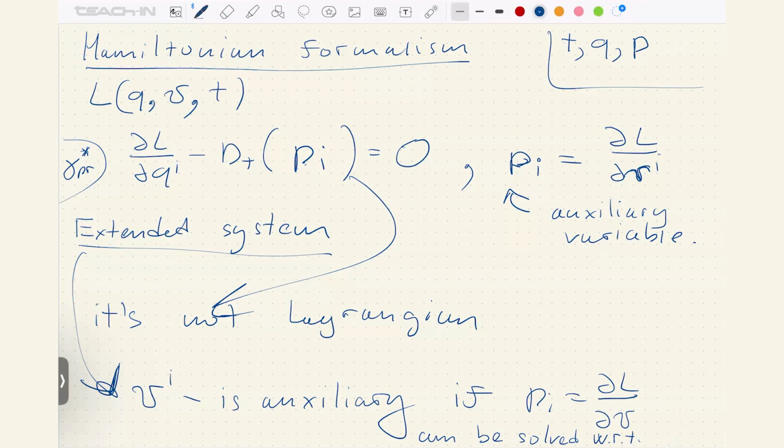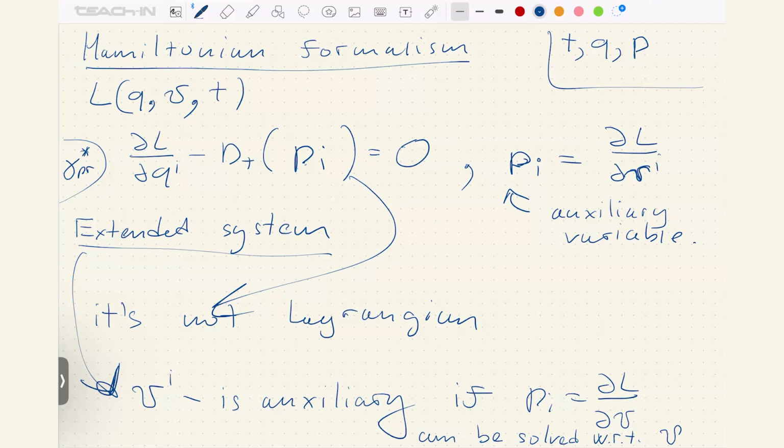And this is, of course, the Legendre transform, which we studied in mechanics. So what I'm saying is, if the Legendre transform is invertible, then the variable v in these equations is also auxiliary. We can eliminate it, because the second equation can be solved with respect to v.